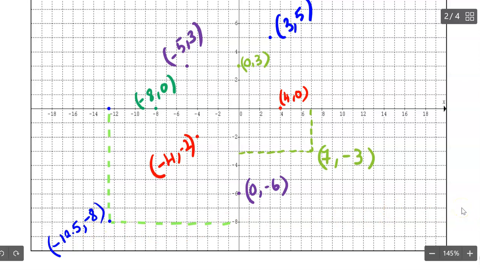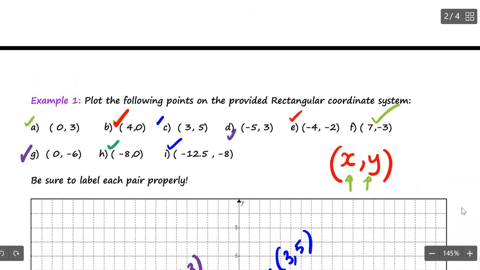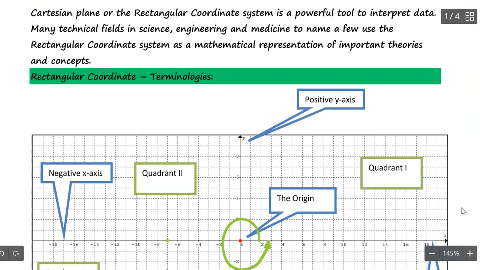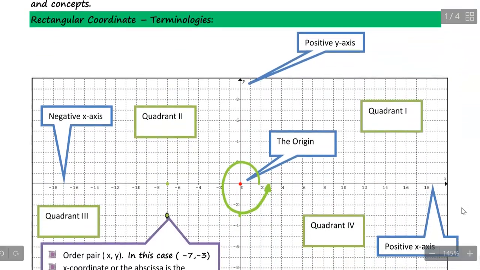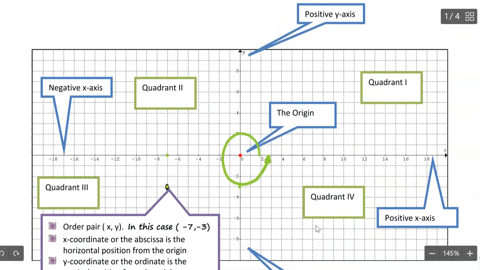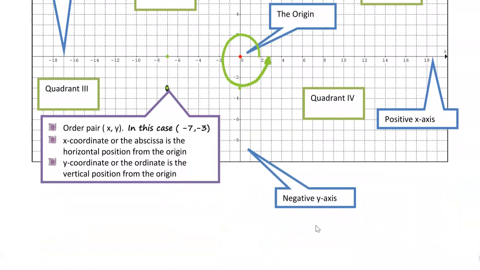Alright, so I do feel that we cover everything we need to cover for the introduction of the Cartesian plane. Okay, don't forget to remember quadrants 1, 2, 3, and 4, and the positive x-axis, positive y-axis, negative x-axis, negative y-axis, and the origin as well.